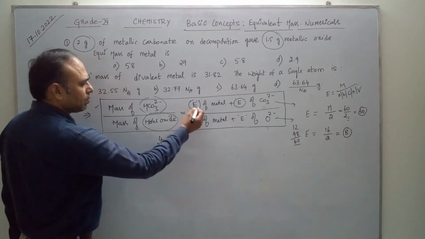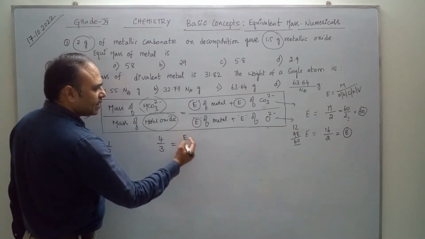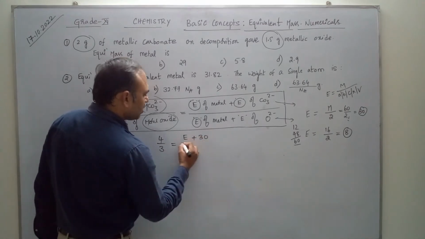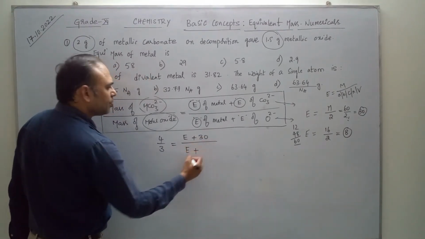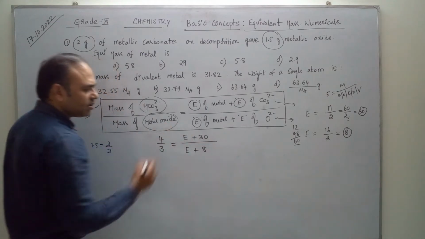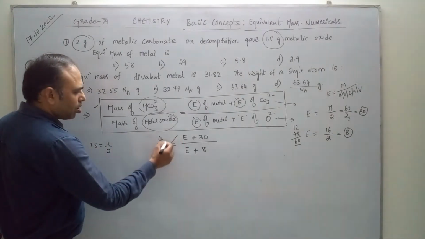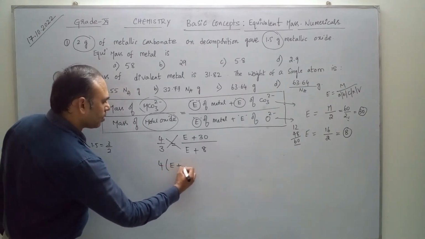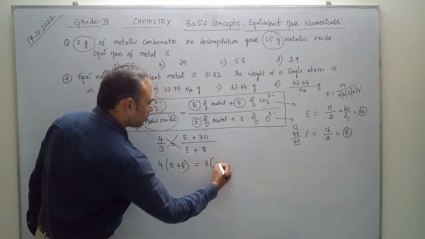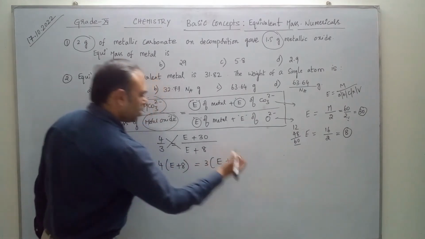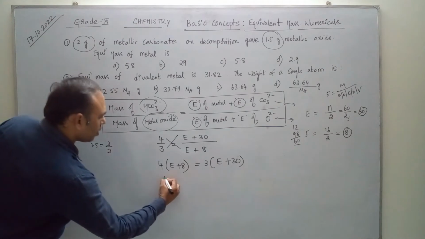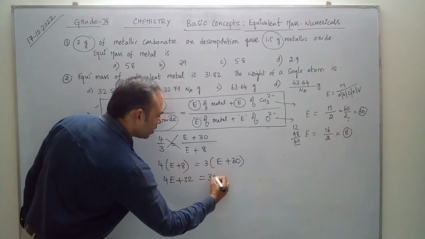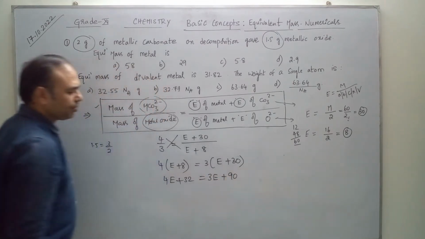This is equal to equivalent mass of metal, let us write it as E, plus equivalent mass of carbonate, which we have 30, divided by E plus, for oxide, on calculation you have got 8. On cross multiplication what we get? We get 4 into E plus 8 is equal to 3 into E plus 30. Now 4E plus 32 is equal to 3E plus 90.